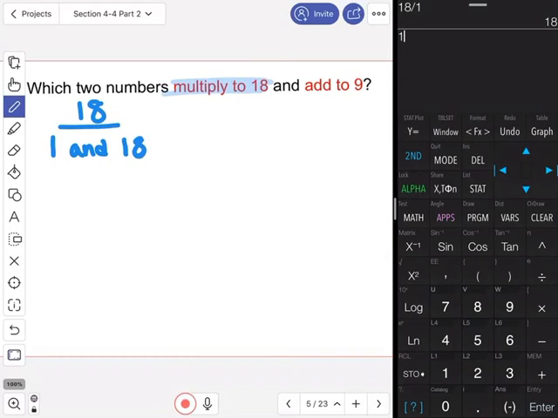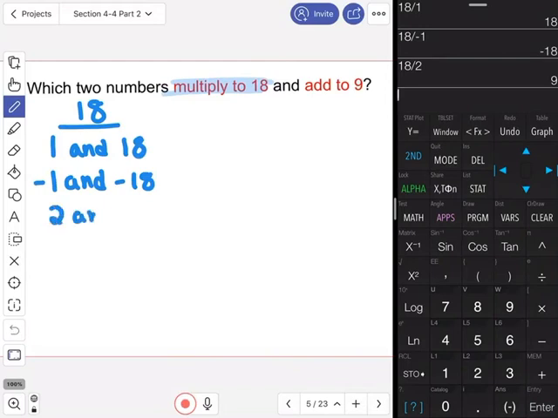And again, we have to check our negatives, so 18 divided by negative 1 gives us negative 18. So negative 1 and negative 18. Then if I do 18 divided by positive 2, it gives me 9. So you got 2 and 9.